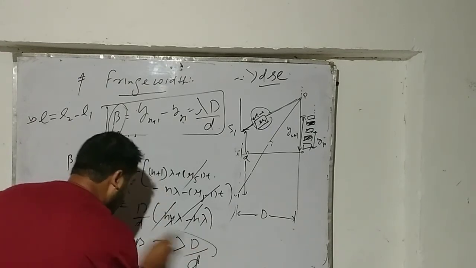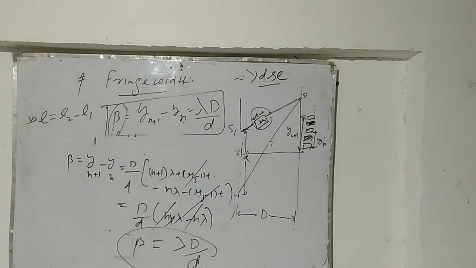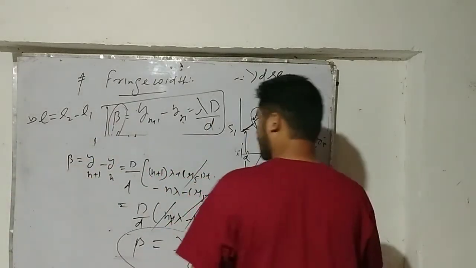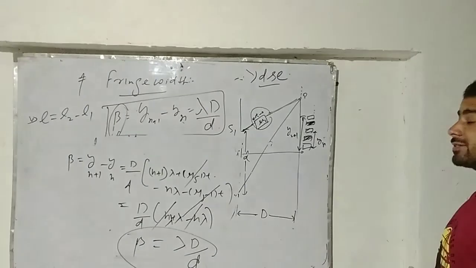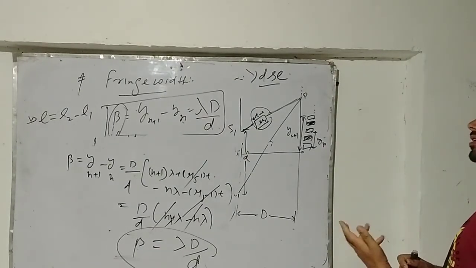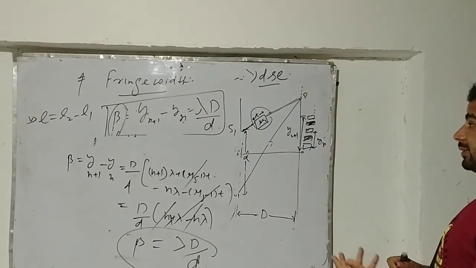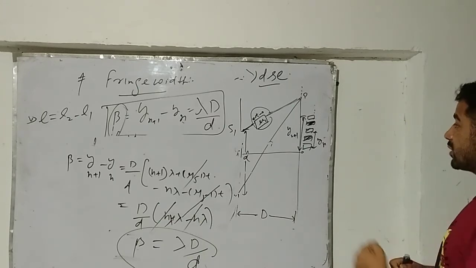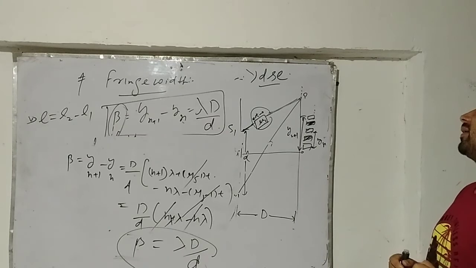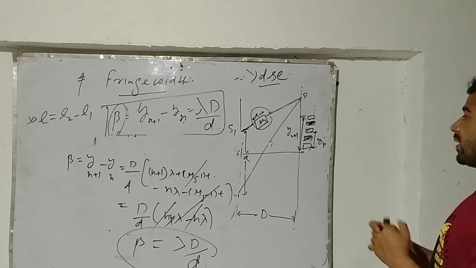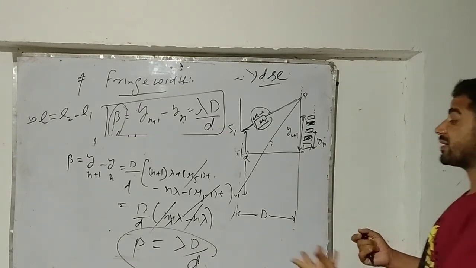So there is no overall change in the fringe width. It really doesn't matter in the case of fringe width, and this is indeed the beauty of fringe width. Placing a slab having some refractive index and some thickness has no effect on the fringe width.